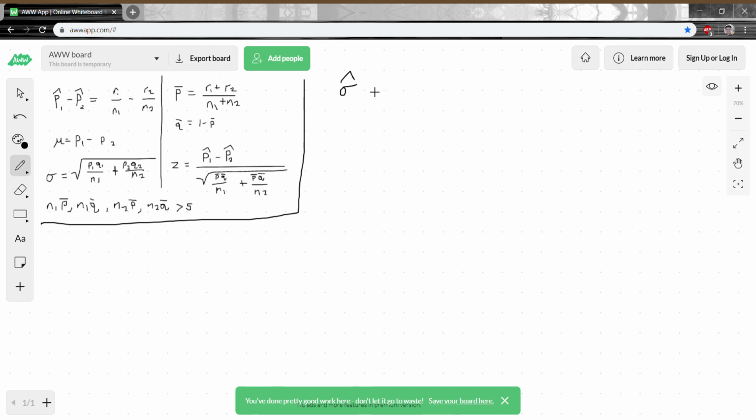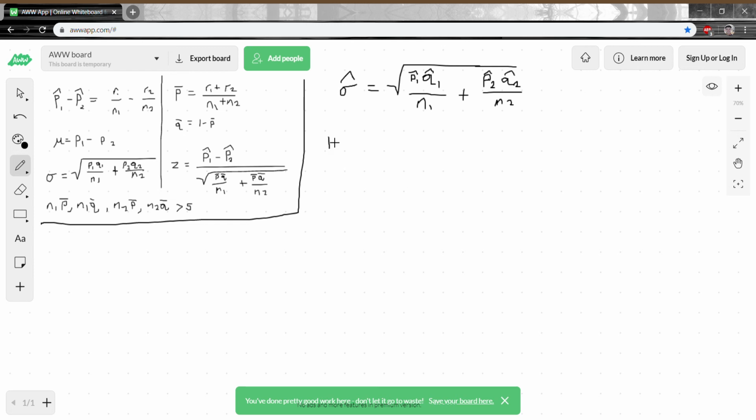So sigma hat is equal to the square root of p1 hat times q1 hat over the sample size 1 plus p2 hat times q2 hat over the second sample size. The same pretty much that we had over here, just minorly different, now using the point estimates for p and q instead of just the regular, like the actual probabilities.